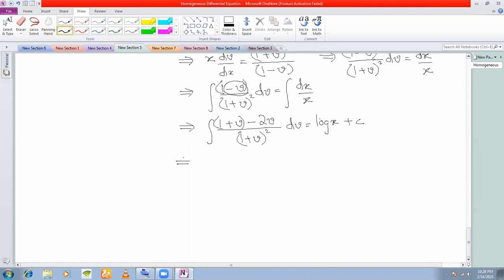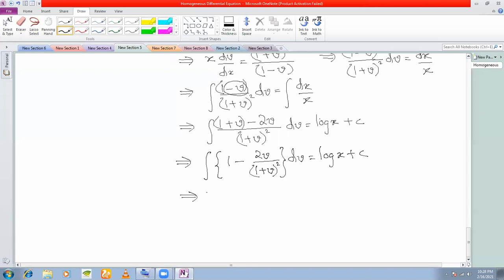That means now if we separate, what do I get? Integral (1 - 2v)/(1 + v)² dv is equal to log x + c, right?